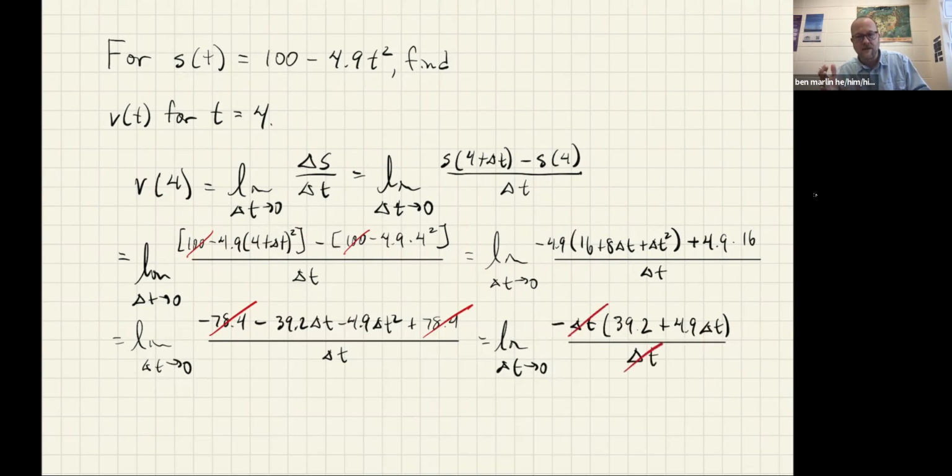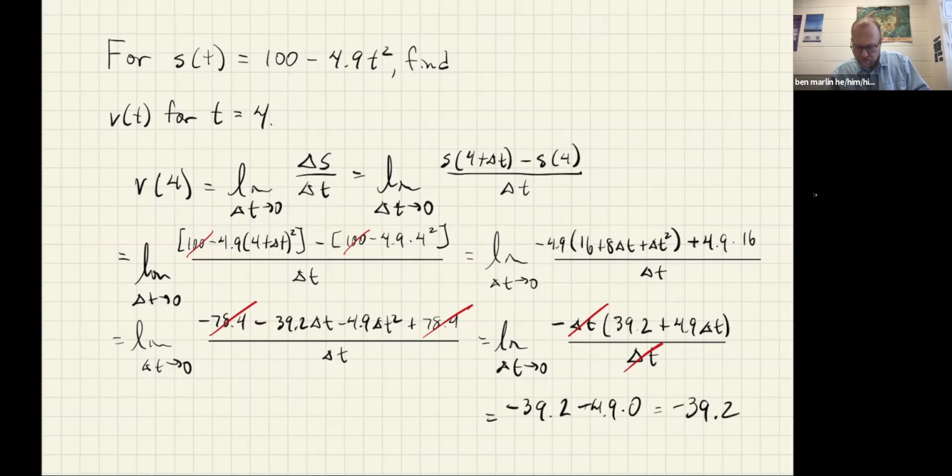You have to cancel a factor, right? And then you're allowed to plug in delta t being 0. And you'll have minus 39.2 and minus 4.9 times 0, so you have minus 39.2.